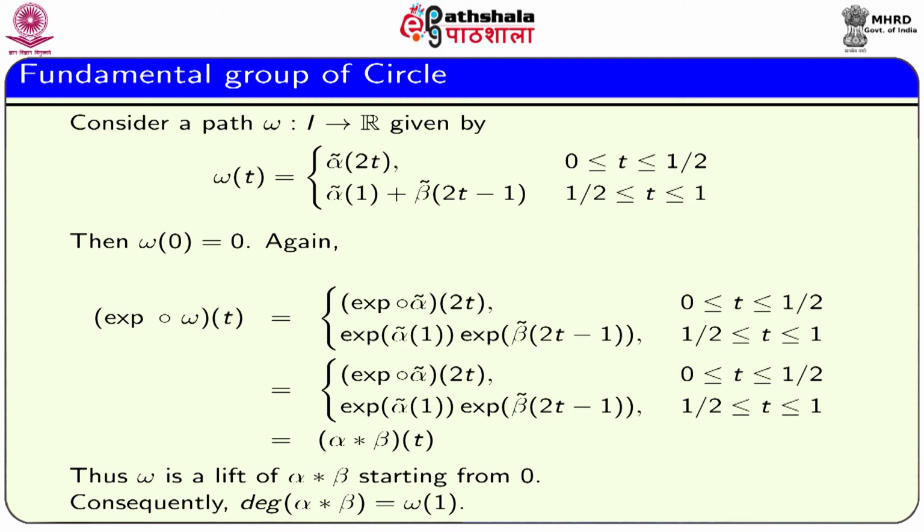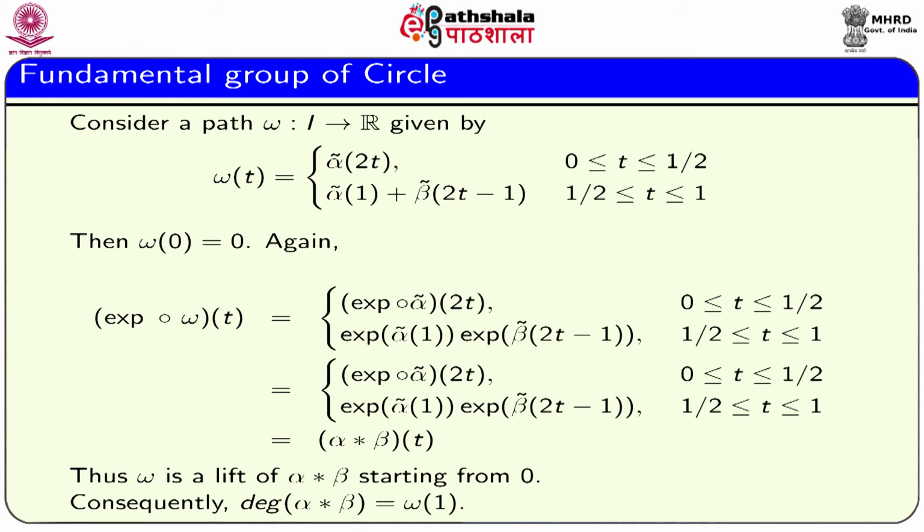Again, exponential composed omega evaluated at t is exponential composed alpha tilde in the first half of the interval, and in the second half of the interval it is exponential of alpha tilde 1 into exponential of beta tilde of 2t minus 1. Now, exponential composed alpha tilde is actually alpha, and alpha evaluated at 1 gives us the complex number 1.